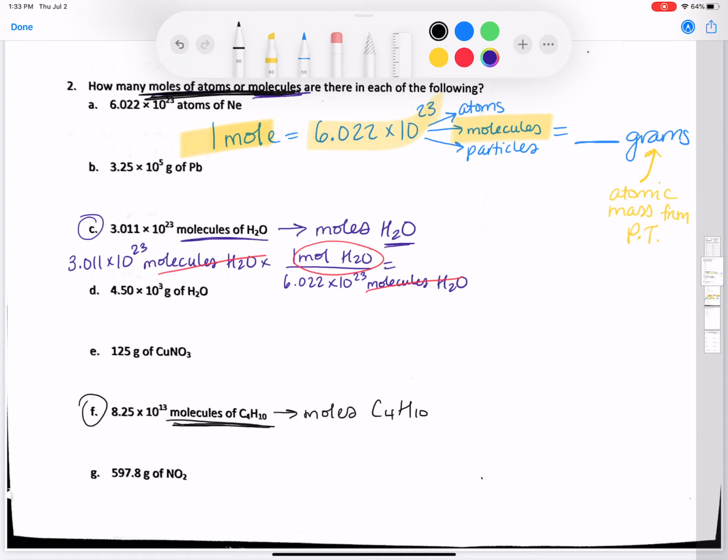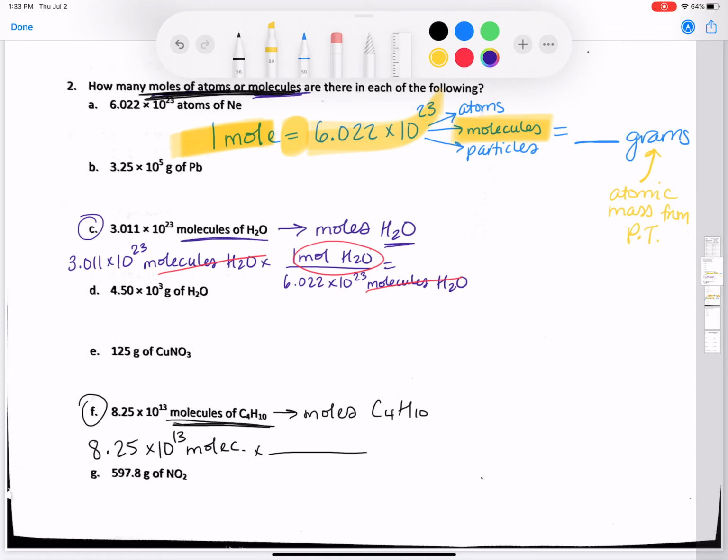So I'm going to start with my data, which is 8.25 times 10 to the 13. I'm going to use MOLEC as my shorthand for molecules. And I want to get out of molecules and into moles. So my only option with molecules is Avogadro's number, 6.022 times 10 to the 23rd. And that always equals 1 mole.